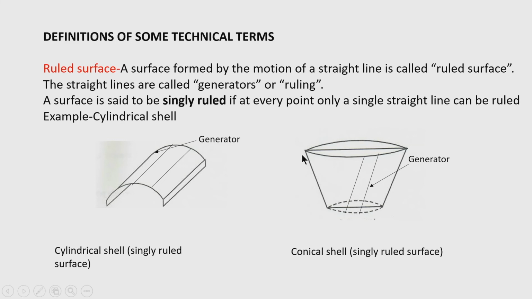Because the curvature in only one direction is important, since in the other direction it is a straight line. The generator is also a straight line which is revolved around the circle to form a cone. Therefore, it is also a singly curved shell, and a single straight line is used to form the ruled surface. Therefore, this type of shell is known as a singly ruled surface.